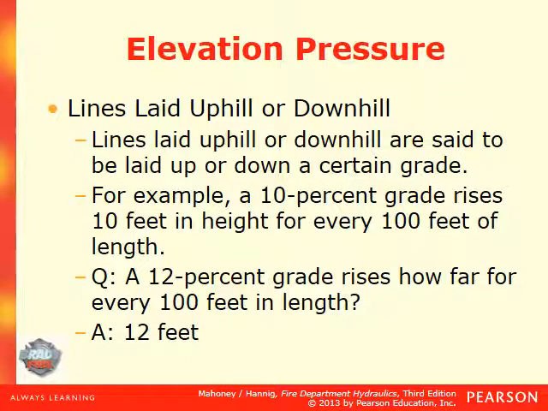So, lines laid uphill or downhill are said to be laid up or down a certain grade. For example, a 10% grade is a rise of 10 feet in height for every 100 feet of length. So, a 12% grade, how far does it rise for every 100 feet in length? And that's basically 12 feet.